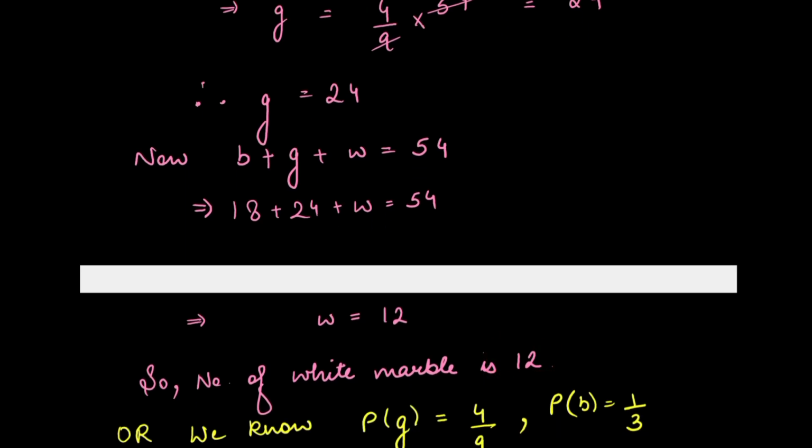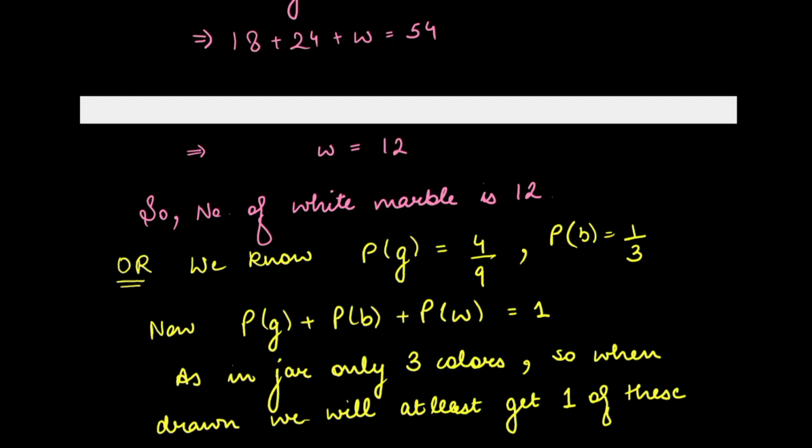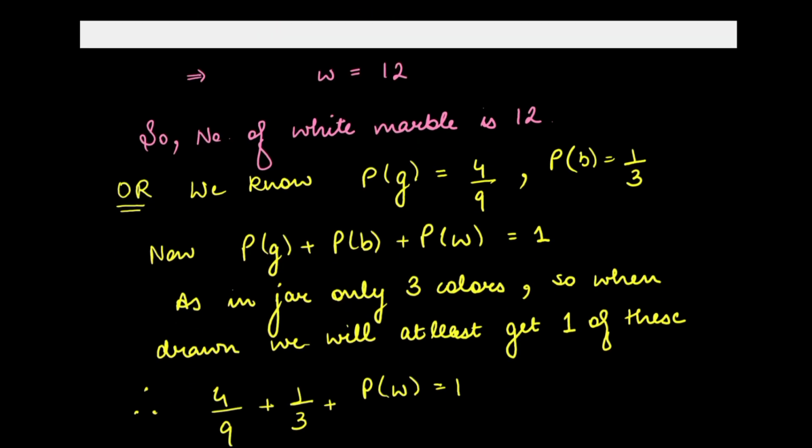Okay. Now there is one more way to do this question. We know the probability of having a green marble is 4 by 9, and a blue marble is 1 by 3. Now if we add the probabilities of getting any one of the 3 marbles, it comes out to be total 1. Okay, because there are only 3 colors and we will get at least one color if we draw at random.